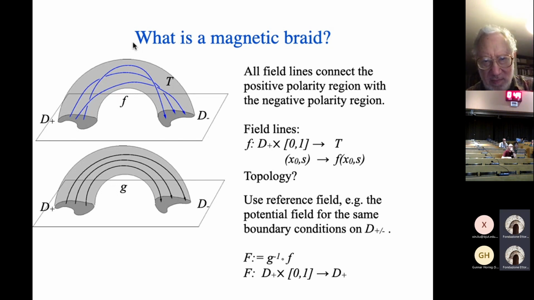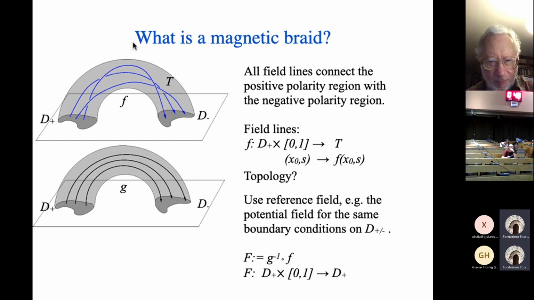Right, so once we have this reference field, we can define a mapping which I called here capital F, which goes first forward via F and then backwards via G. And so this gives you an automorphism of the disk D+, or the cross-section D+.